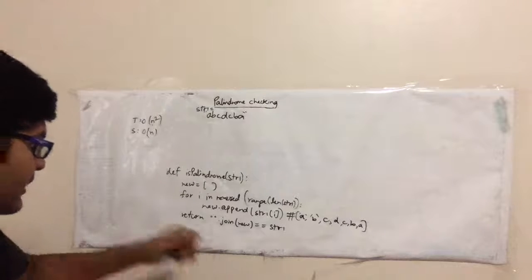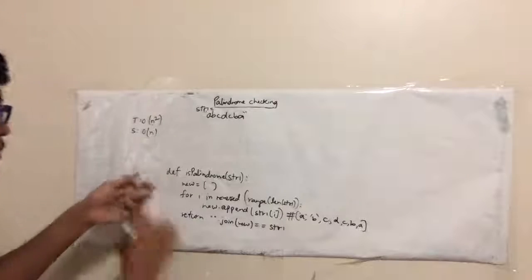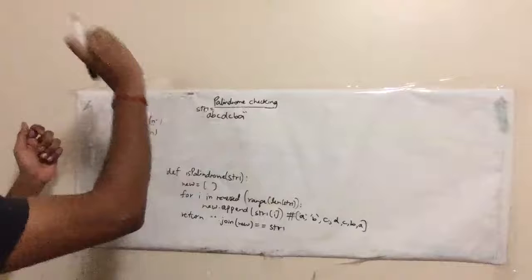So that's it. This is just iterating in big O of n. This is a little bit of improvement over the older one.